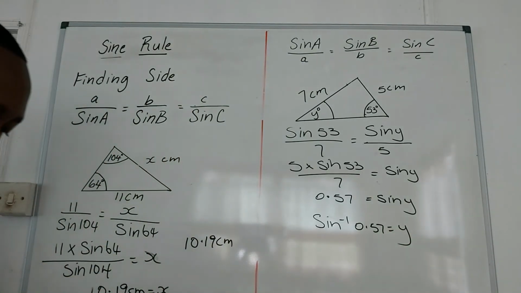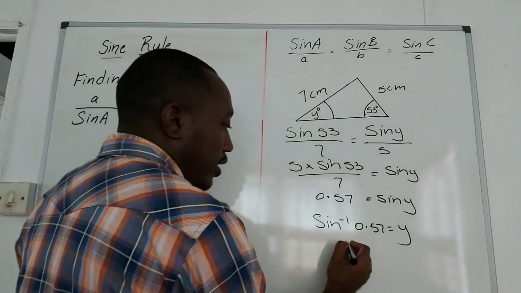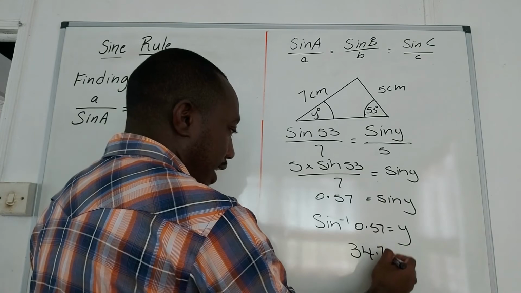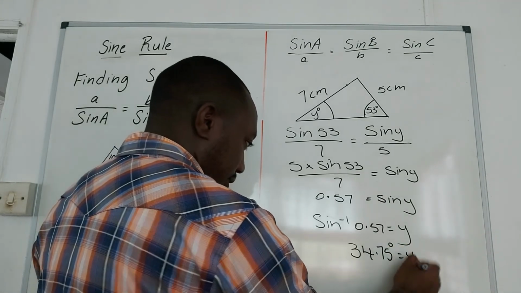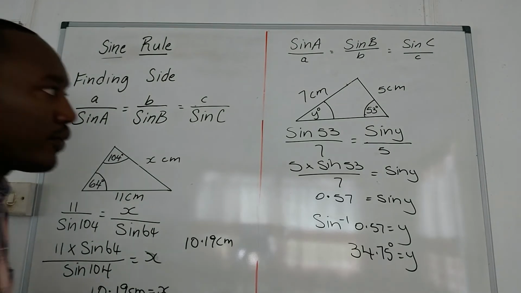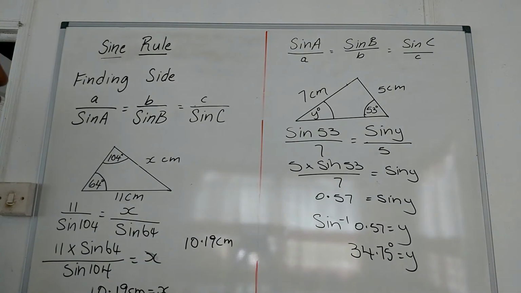So sine inverse of 0.57 gives us approximately 34.75 degrees, the angle at y. So here we have the angle at y will be approximately 34.75 degrees.